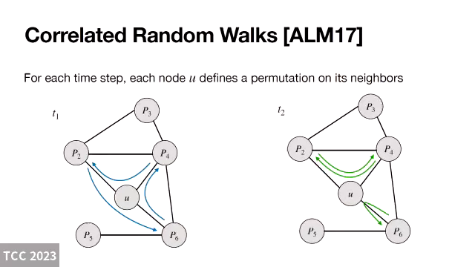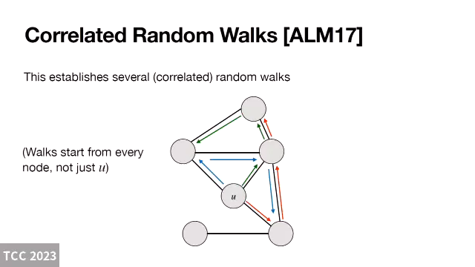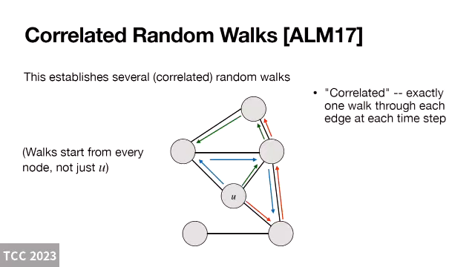And what we get from these permutations is several correlated random walks. So for example, we get one walk that goes like this from U, another one like this, another one like this. And in fact, we actually have walks in this picture that should start from every node, not just U. And what I mean by correlated here is that there's exactly one walk through each edge at each time step.